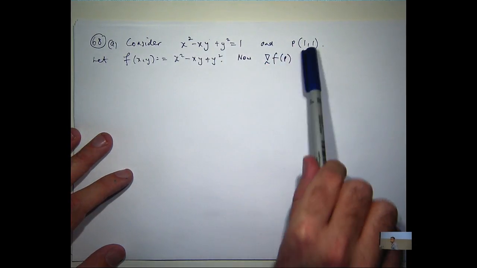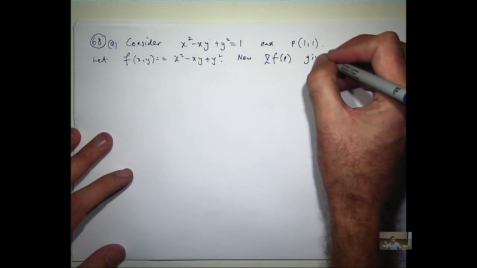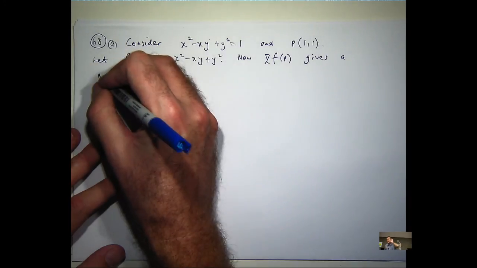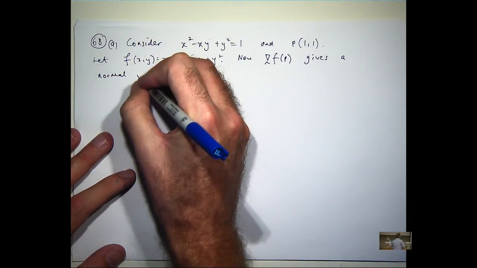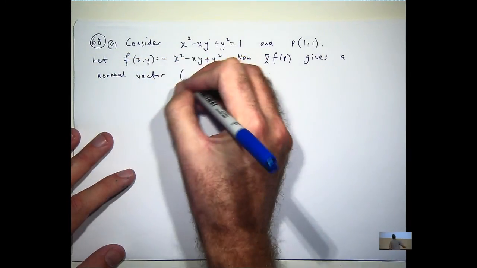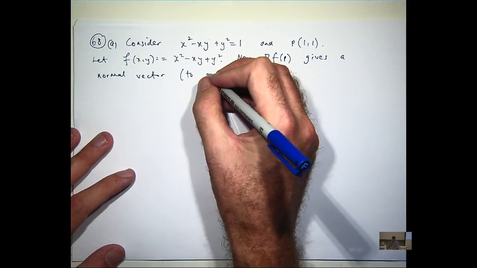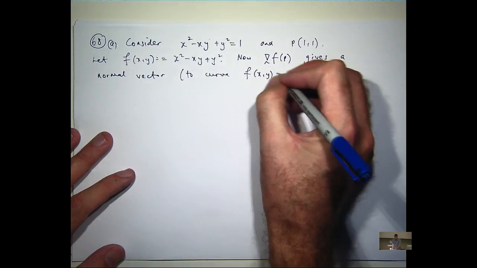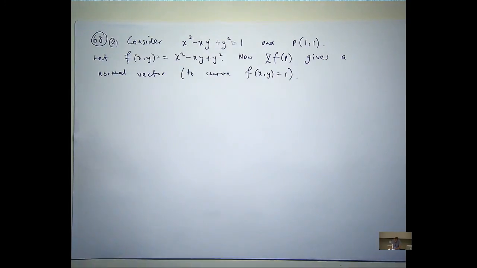Grad f, evaluated at the point of interest, produces a normal vector to the curve. Okay, so we're working in the plane, so we're talking about normal vectors to curves.